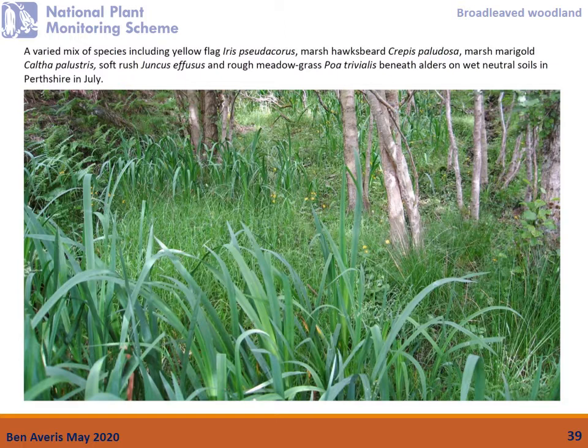The yellow flowers a bit behind there are those of the marsh hawksbeard. We'll see a closer photo of that a bit later. And there's some soft rush at the lower right corner. Quite a mix of things. That's just to show the kind of appearance of some of these more mixed ground assemblages in some of our wet woodland.